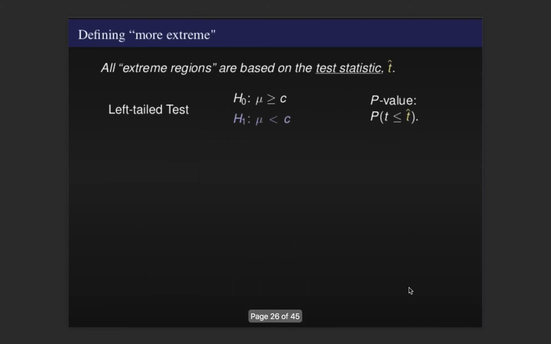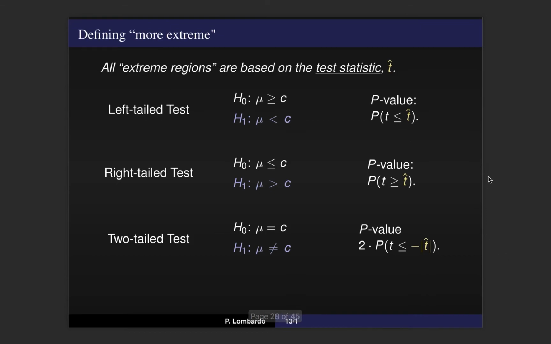All right, so here are all three different types of tests. All extreme regions are based on the actual test statistic, your sample mean converted to a t-score. So you'll notice t hat is appearing in all of these different formulas for the test statistic. You'll also notice that the alternative hypothesis gives you the direction of the extremity. When the alternative is less than c, notice that inequality is pointing to the left.